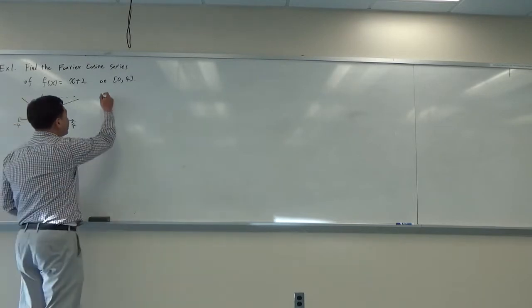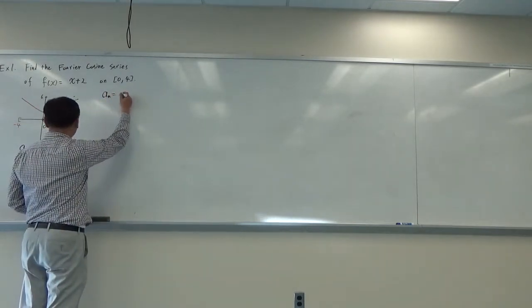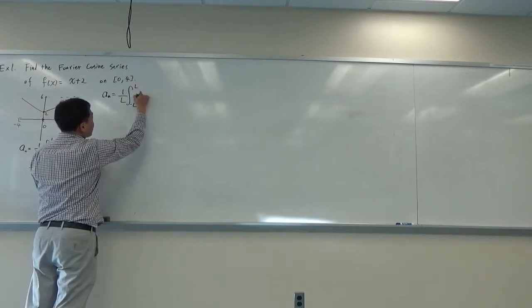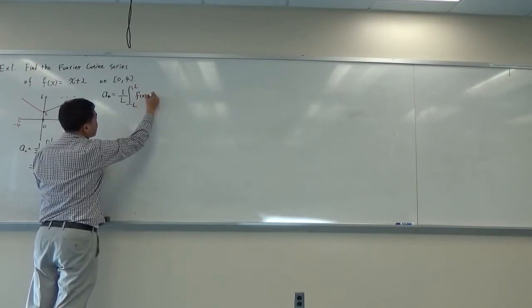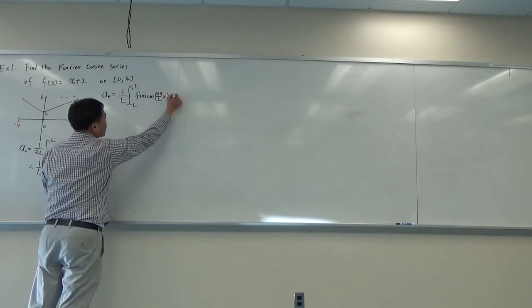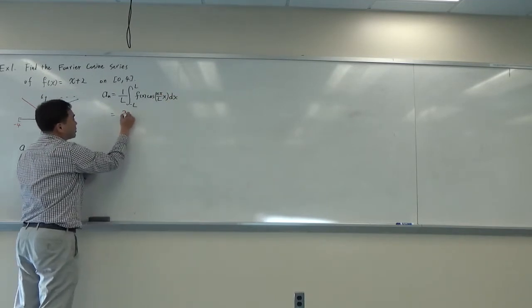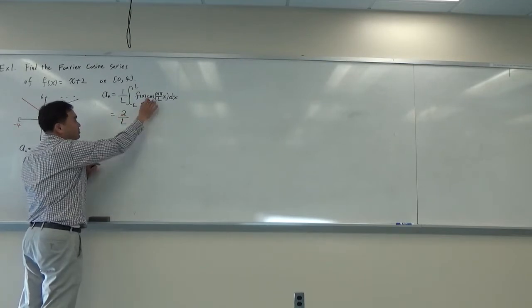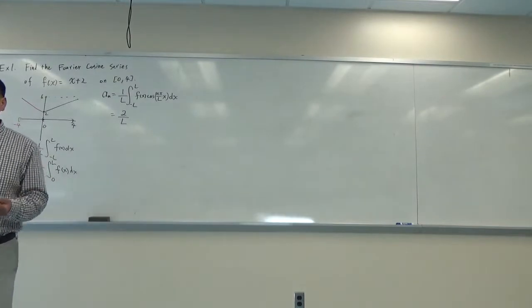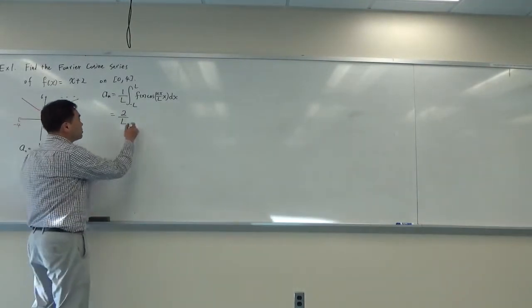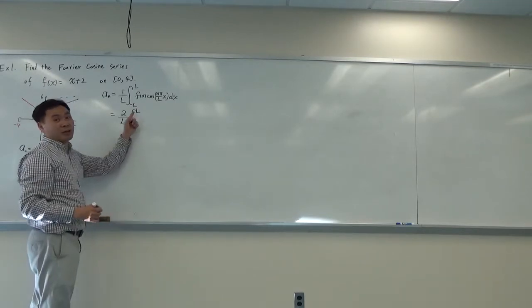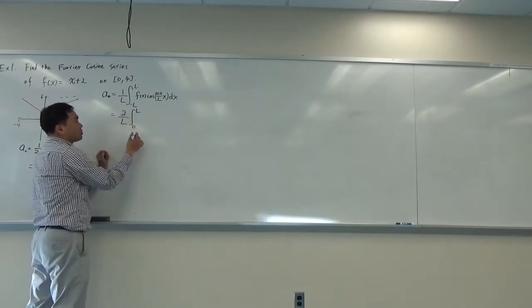So that's what we're going to use for a0. And then for an, we have 1 over L, -L to L of f of x, cosine of n pi over L x dx. And again, for the same reason, cosine is an even function, f of x is an even function. If you multiply two even functions, you get an even function. So again, you do the trick of integrating only on the half interval, and you double the result.